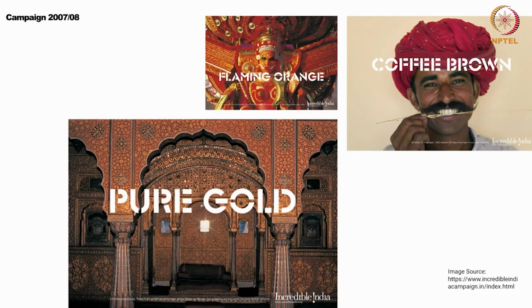Similarly, flaming orange, coffee brown, pure gold. These come from the heritage, the culture, and the environment associated with India. Based on that, they created a sense of color, a new set of color names associated with purely Indian representation.